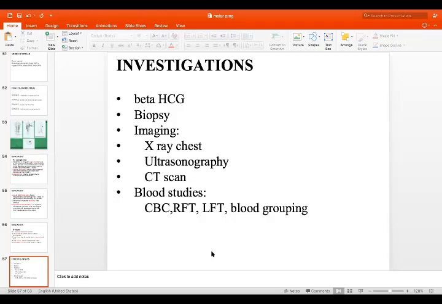Blood studies include CBC, especially red blood counts, renal function tests, liver function tests, and blood grouping. So these are the main investigations: ultrasound, X-ray chest, CT scan, and blood studies including CBC, RFTs, LFTs, and blood group. Because you may need blood, so she should know her blood group.